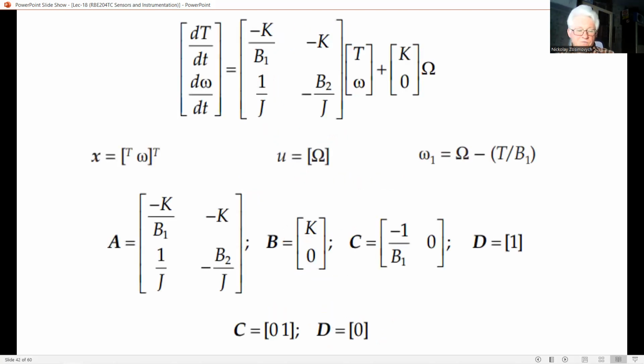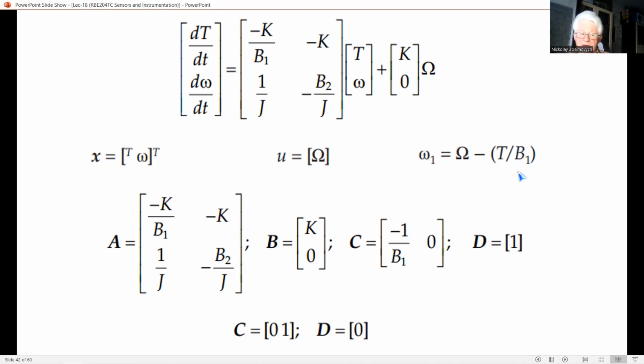The vector matrix form for the state equations 3 and 6 is here. And the big expression with the state vector x is T times omega transposed, and the input u is omega capital. Now we consider the two cases of output. In the first case, the output equation is given by the second, which can be written as omega 1 proportional to omega capital minus T over B1.